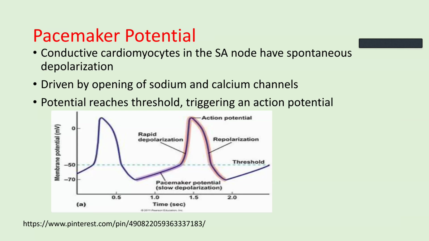This is due to the opening of both sodium and calcium channels, which allow for the gradual and spontaneous depolarization of the cell membrane. Once the potential reaches the threshold, an action potential is triggered, initiating the cardiac conduction process. I would like to add potassium also does play a role in this.